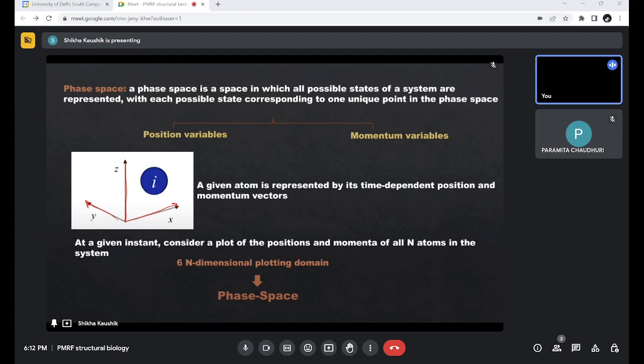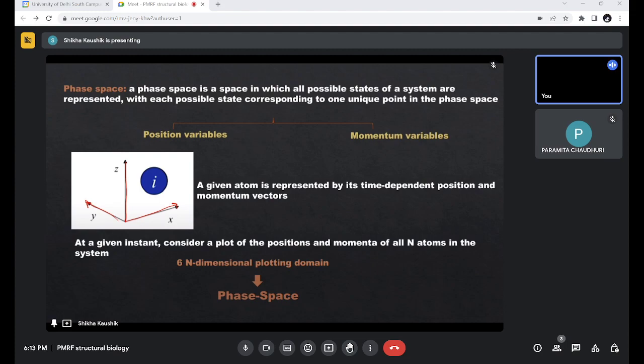If I have to understand the entire system, there are so many things involved, but right now we are just focusing on the 3D aspect. When we talk about the 3D aspect, we have a positional aspect, the position of that particular protein, atom or molecule, and there are changes happening due to the movement of that molecule, and that gives you a momentum variable.